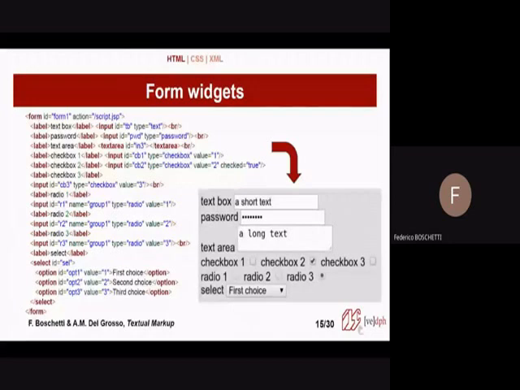Okay, so they must have the same name, and a different ID. So if they have the same name, they are grouped together, and the system knows that it must consider them as a set. Okay, and then there's the select also, that allows you to select a value from a menu.